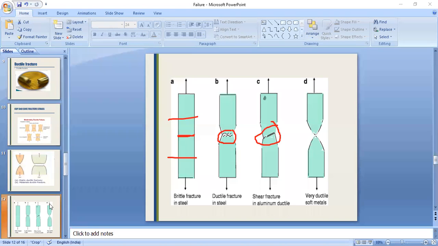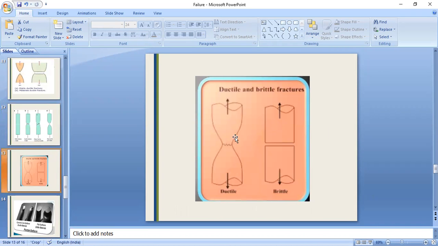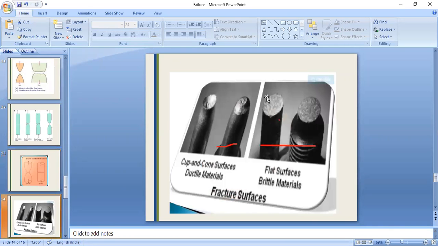So now let us move on to the next image. Same thing, the ductile and brittle fracture. In the brittle fracture, you can see the surface is flat, and it is a cup and cone arrangement for ductile material. These are cup and cone surfaces for ductile materials.